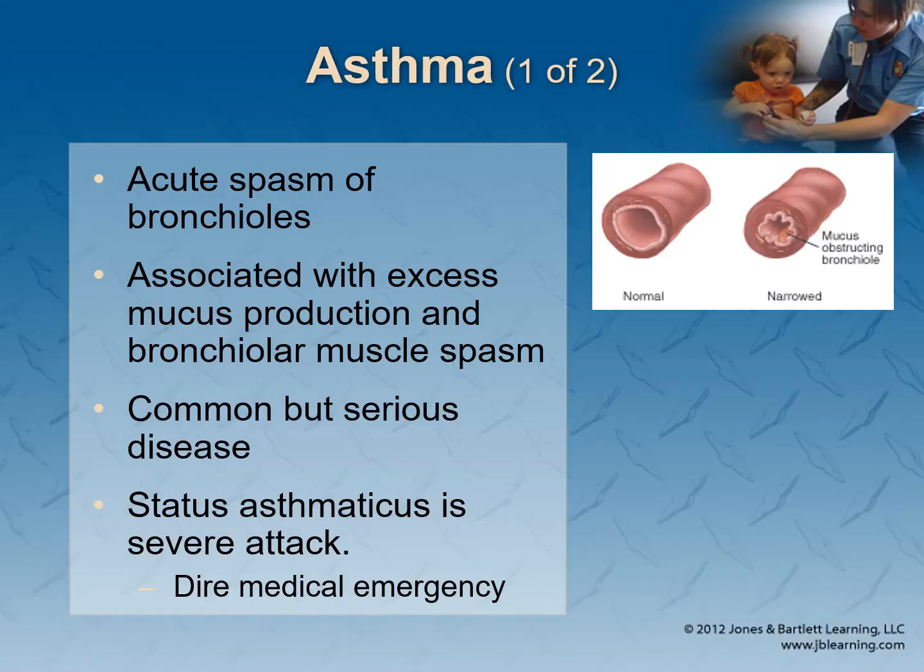So we're going to get to how the alveoli are damaged and how the inflammation occurs in those air passages in just a second. I want to briefly pop over into asthma because its pathophysiology, and how we treat and how we manage it, is very, very similar to COPD. So in an asthma attack, you have a spasming of the muscles that surround your bronchioles.